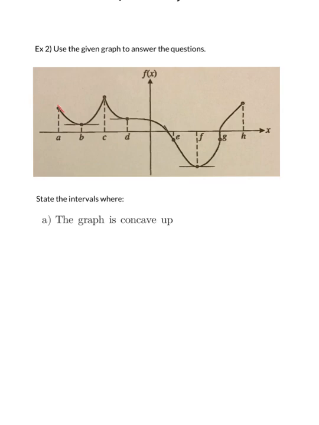As I start from A, I am cupping upward all the way until I get to C. So I want to use that as my first interval where I'm concave up. Then I stay cupping upward from C to D. So that is the second interval where I'm concave up.